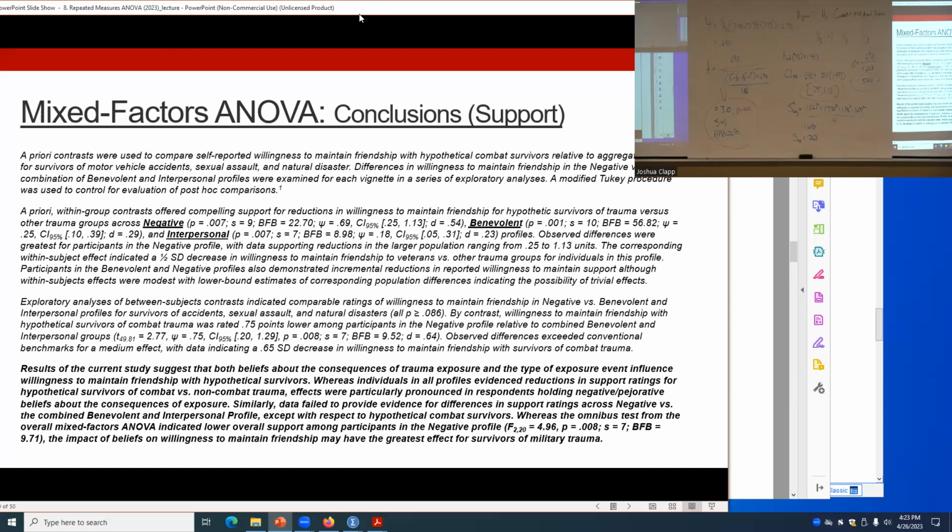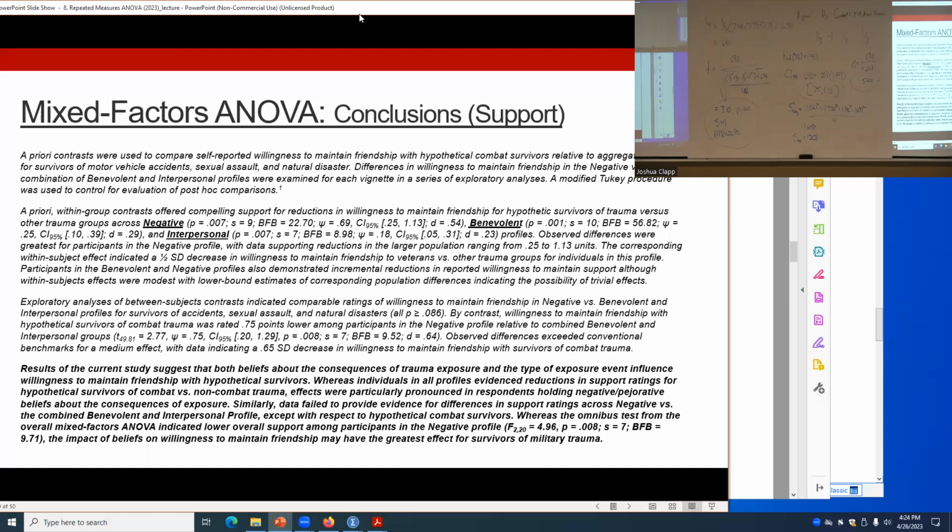They're saying observed differences were greatest for participants in the negative profile, so ignore the top part, with data supporting reductions in the larger population ranging from 0.25 to 1.22. Participants in benevolent and interpersonal profiles also demonstrated incremental reductions in willingness to maintain support, but these are modest, with lower bound estimates corresponding to population differences indicating the possibility of trivial effects.